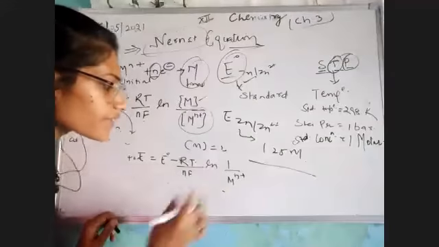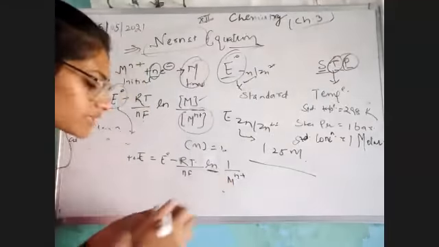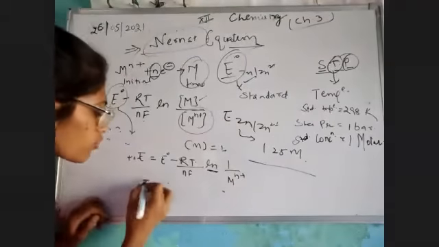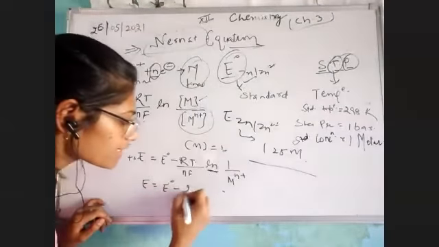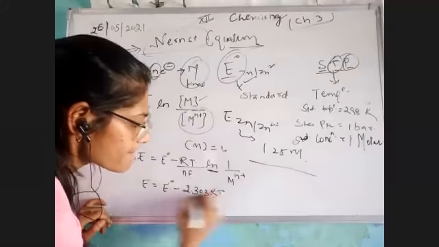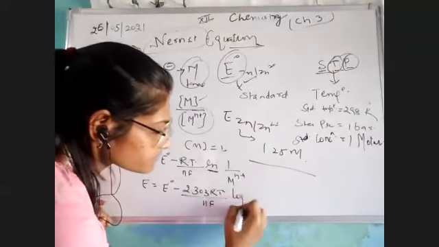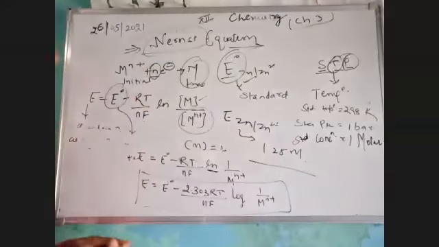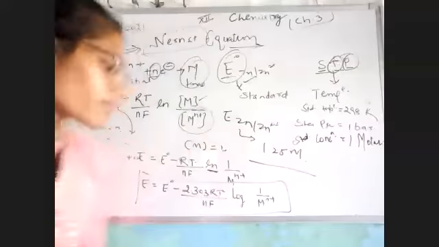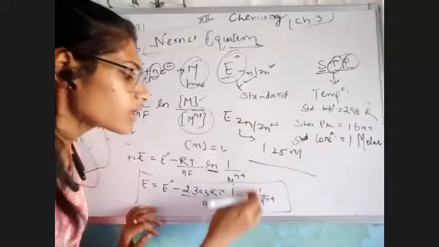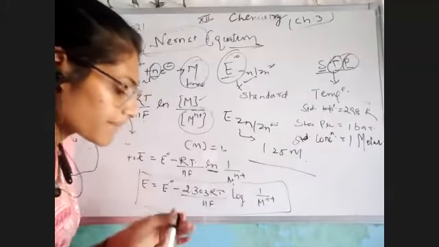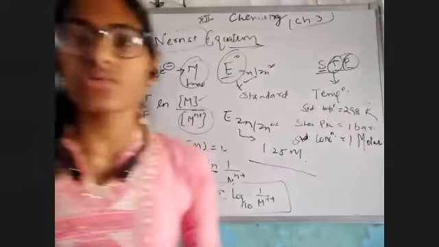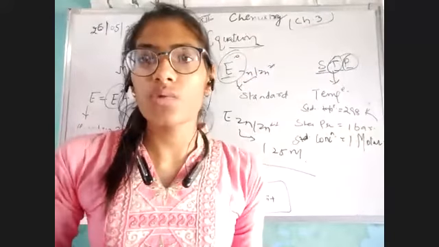One more thing, if we have to convert this natural logarithm into logarithm base 10, whenever we have to convert, it becomes 2.303. So E equals E naught minus 2.303 RT divided by nF log. This logarithm is of base 10, whereas the earlier one is natural logarithm. So this was all I wanted to say about the Nernst equation.